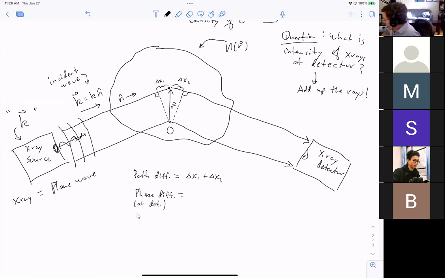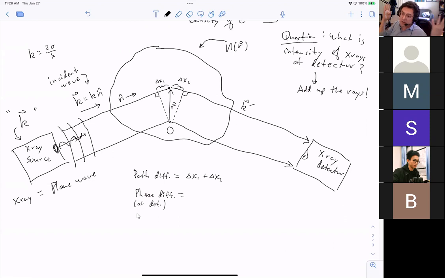Okay, so k is the magnitude of the wave vector of the X-rays. k is just 2 pi over lambda, where lambda is the wavelength of the X-rays. Now the scattered wave is going to be going in this direction, which I'll call k prime, some other direction. It's arbitrary.